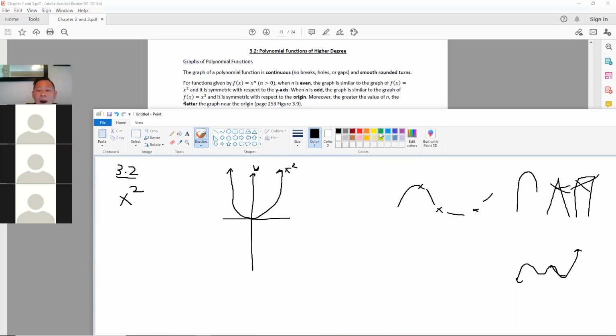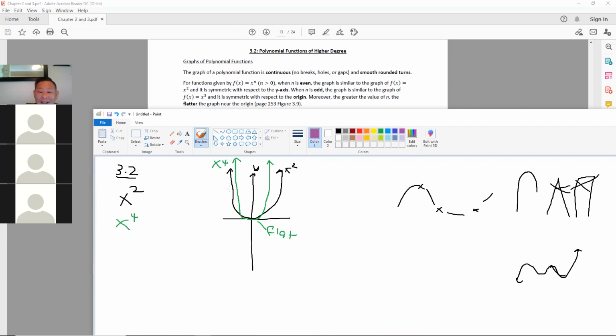What happens if I increase this to power 4, because this is even? Your graph will look like x squared, but a bit more flat over here. So this is what happens when you have x to the 4.